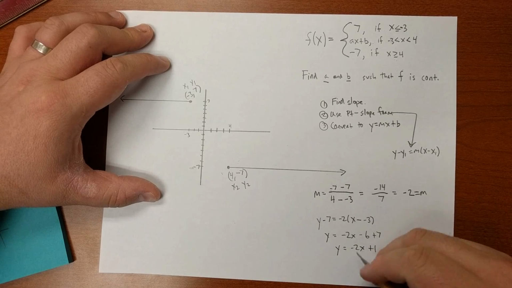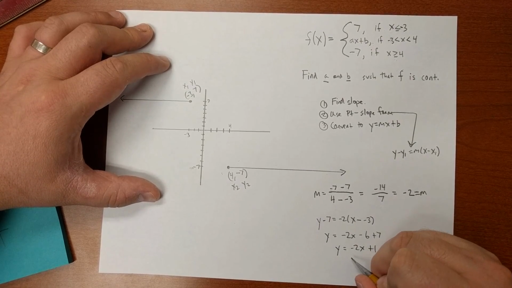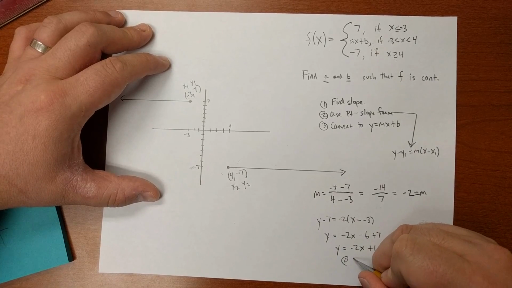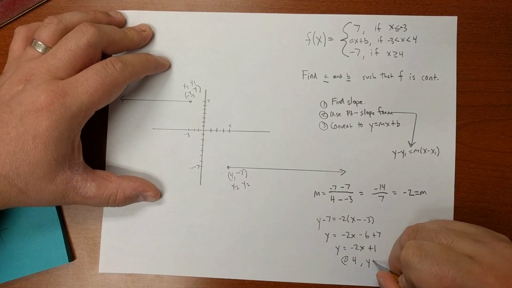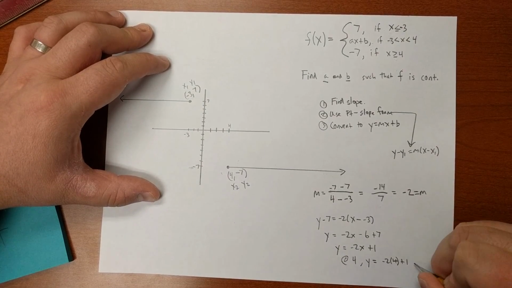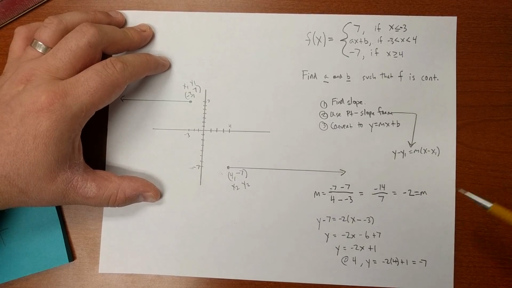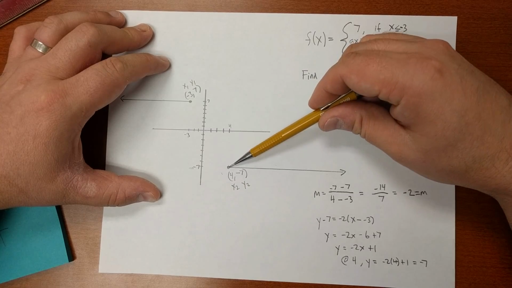Let's see here. What is this equation at 4? It should be -7. At 4, y equals -2 times 4 plus 1 equals -7. So on this line is the point 4, -7, which is exactly what we wanted to happen.